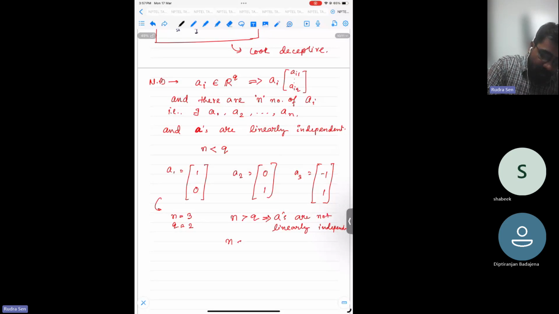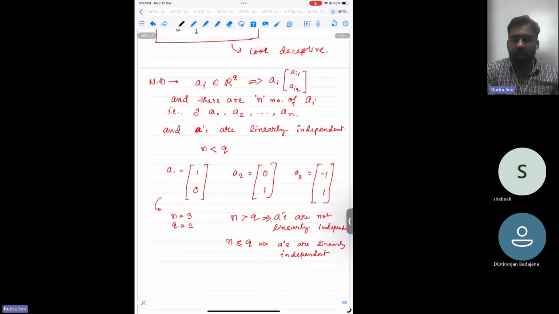If n is less than or equal to q, this implies they are linearly independent. Here A1, A2 are linearly independent. A1, A3 are linearly independent. A2, A3 are linearly independent. But A1, A2, A3 are not linearly independent. So it always has to be that n is less than or equal to q.